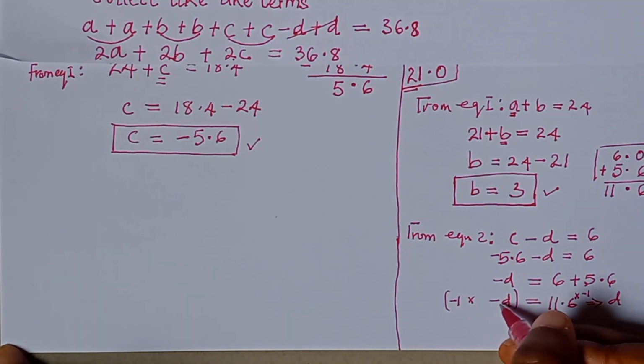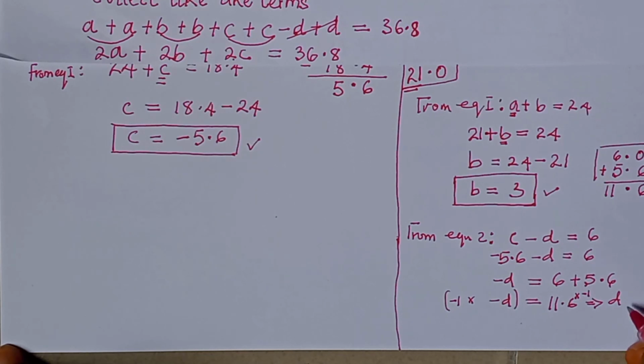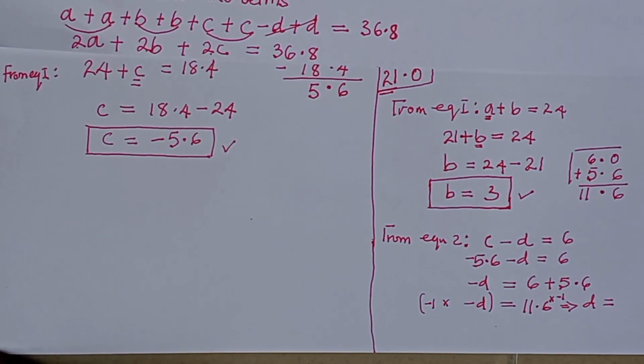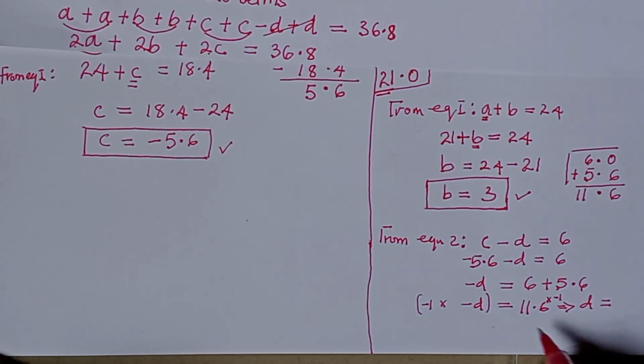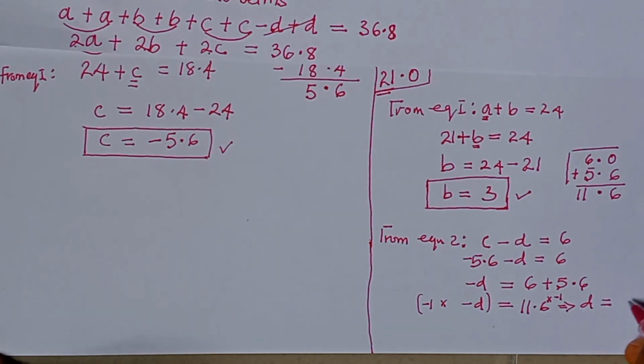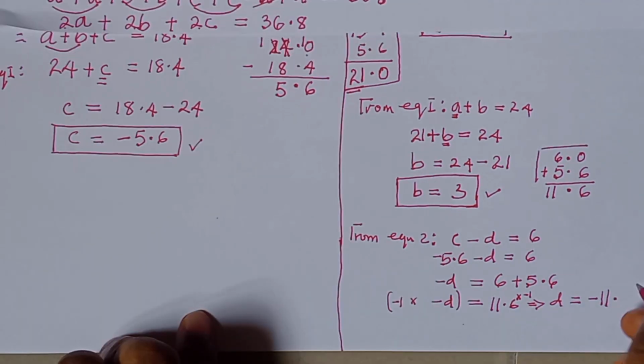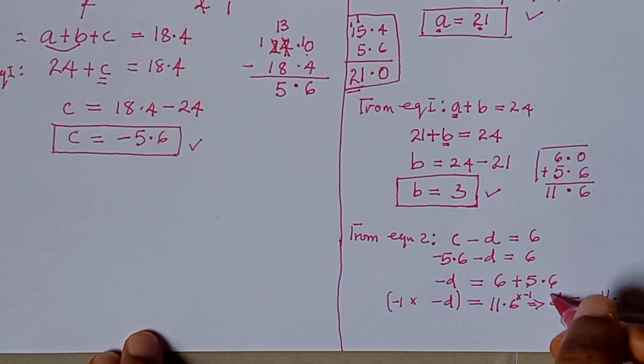So -1 times minus D will give you D. That's why we have D there, equals 11.6 times -1 will give us minus 11.6. We've been able to find our D.